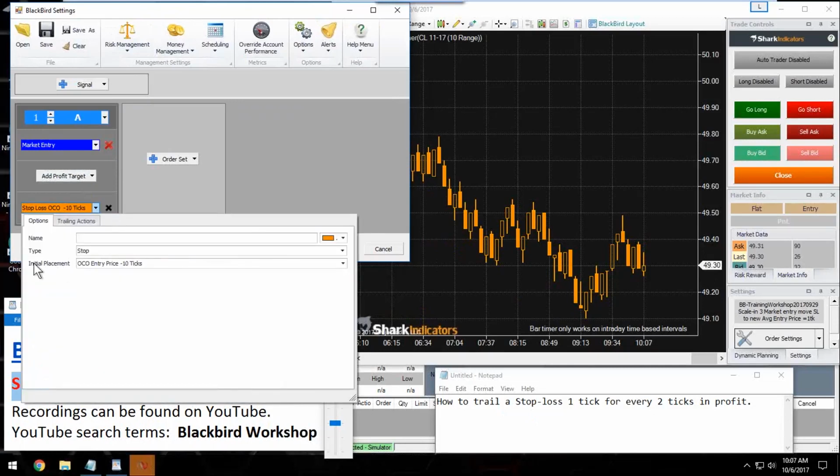All right, so that's our initial placement. Initially the stop loss is going to go on as a 10 tick, right? And then we'll go into the trailing actions here.